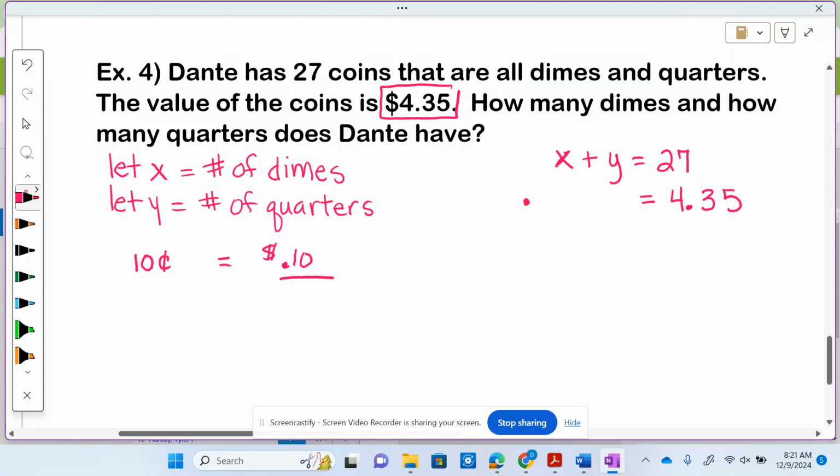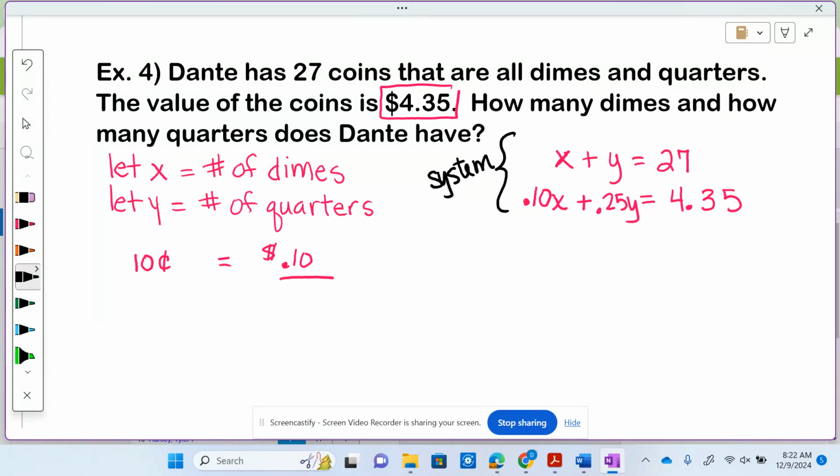So 0.10 times X plus, how do I show a quarter? 0.25. There. So those are your two equations for your system.